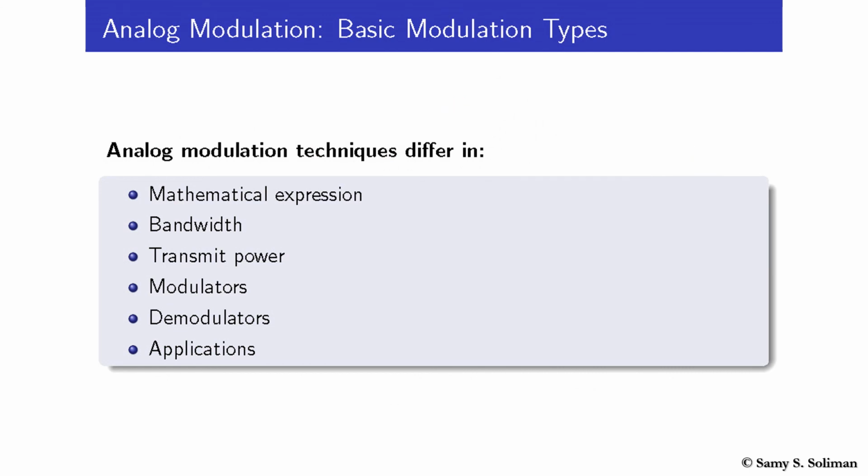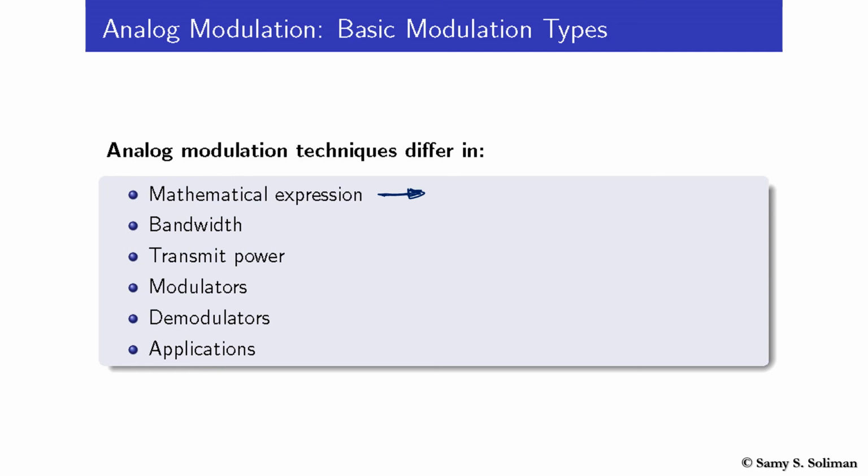So how do we study different modulation techniques? In order to study different modulation techniques, you need to know how to mathematically express them, as we just saw a few examples of angle modulation and amplitude modulation. Even though there are many variations of these techniques, we need to know the mathematical expression, and these expressions differ from one technique to the other.